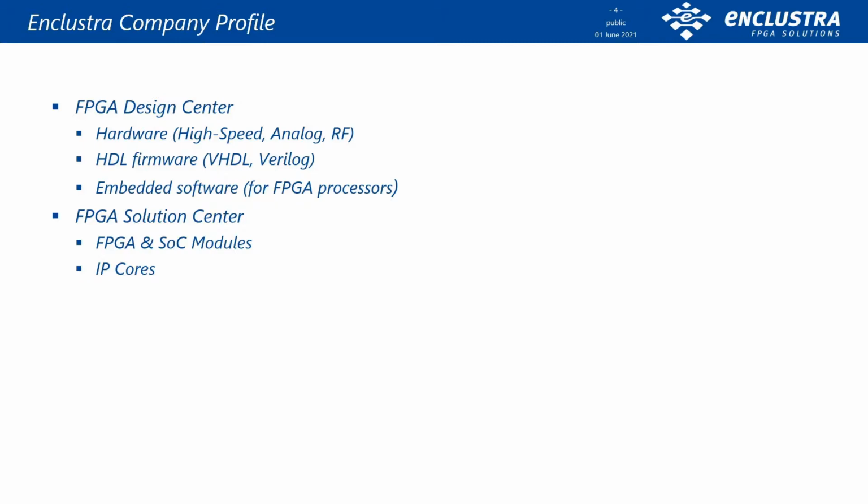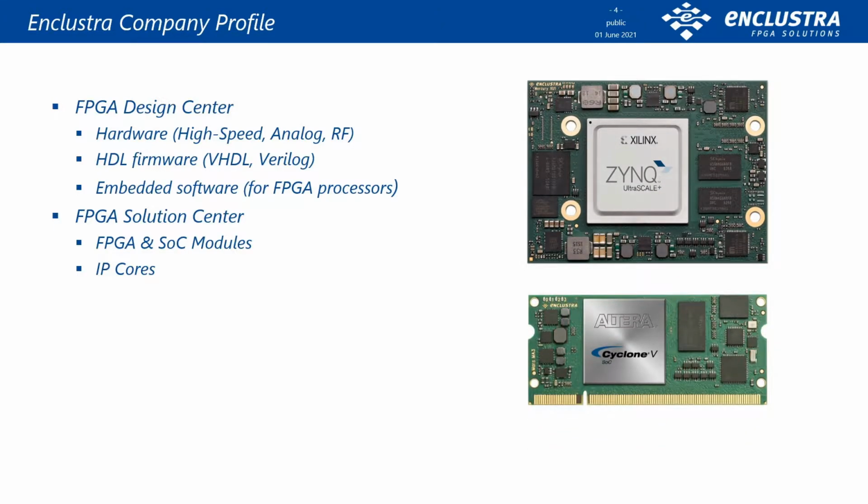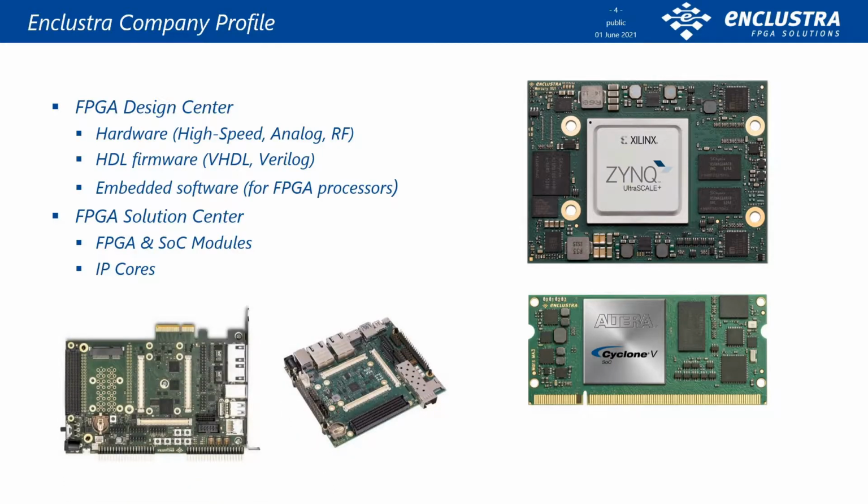And we produce a wide range of FPGA and system-on-chip modules, like this roughly credit card-sized form factor and this laptop RAM module form factor. And we also make baseboards to plug those modules into. But we don't just make hardware, we also make IP cores for FPGAs, and that's what I would like to talk about today.